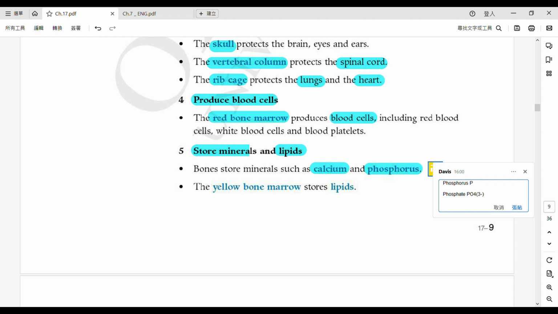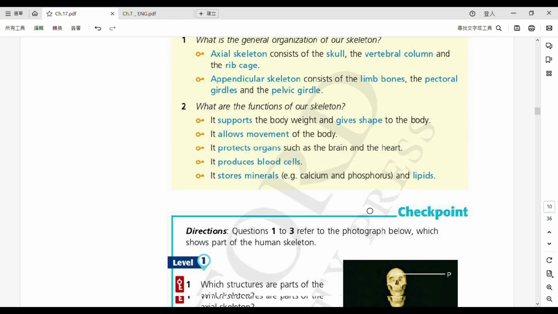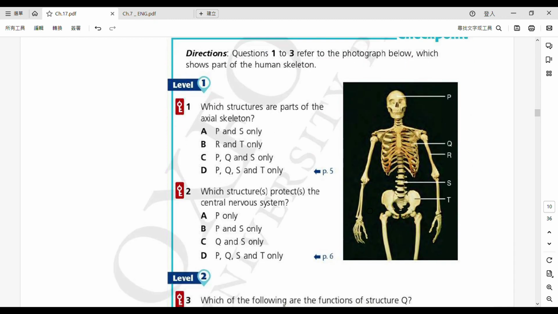So phosphate is actually an ion already. Alright, the last part is the yellow bone marrow, which we can find in compact bones, and it mainly stores lipids. Okay? So that is the end of this video, likely.